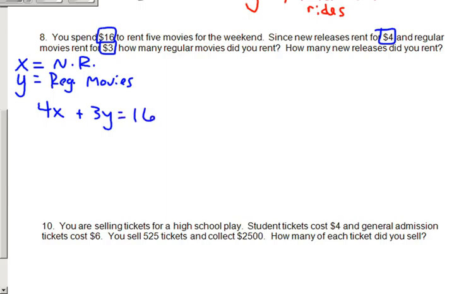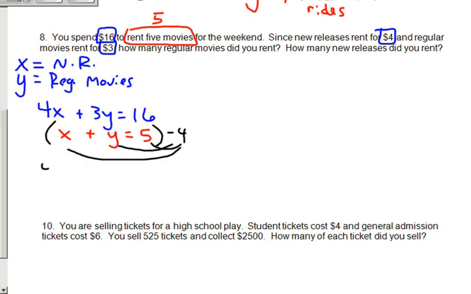The only other number that I have is to rent 5 movies. I know it looks a little weird because it says 5, it doesn't say the number 5. That's going to be our next equation, where we have x plus y equals 5. Just like we did in the last problem, we're going to go ahead and multiply the bottom equation. Let's multiply by -4 here to stay consistent.